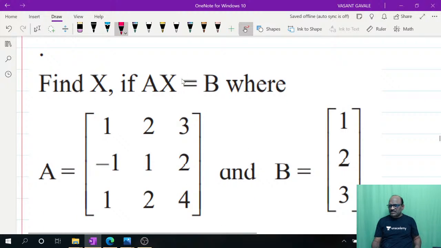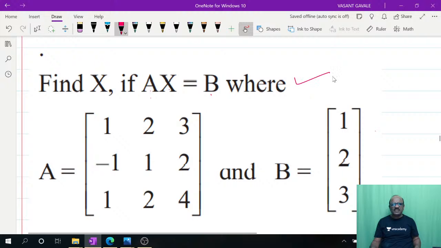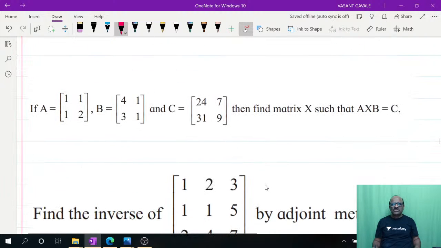Next, find X such that AX is equal to B. See this here. Substitute the value of A. AX is equal to B. Here is a matrix. Column 1, 2, and 3. Then find out the value of X. This type of question can also be asked to you here.